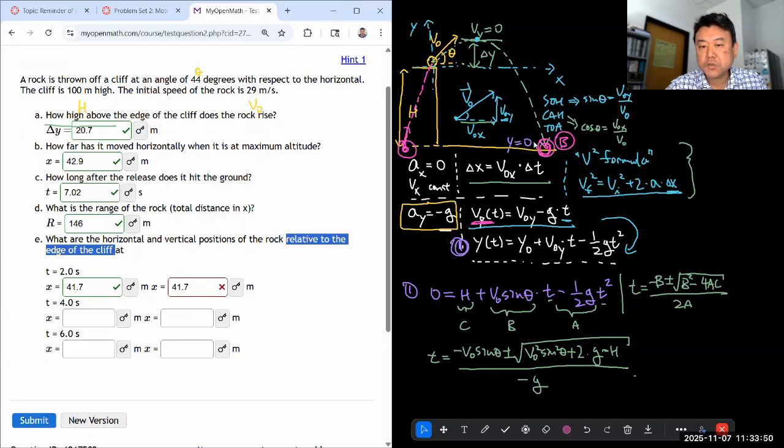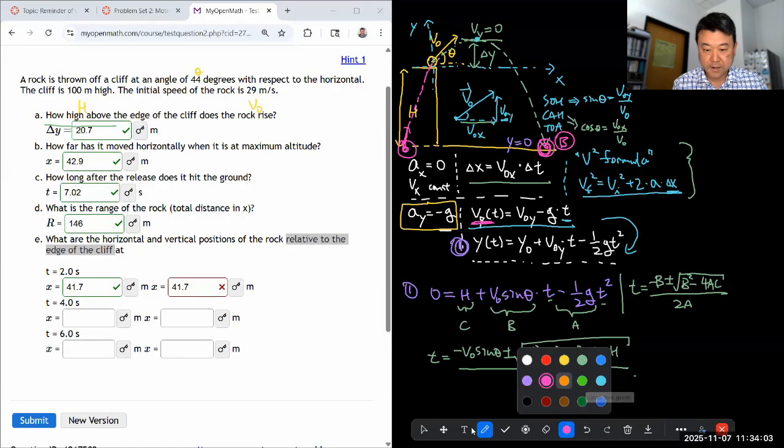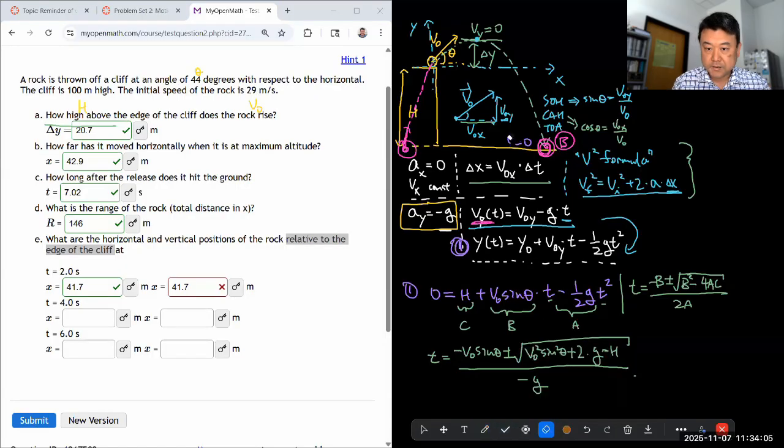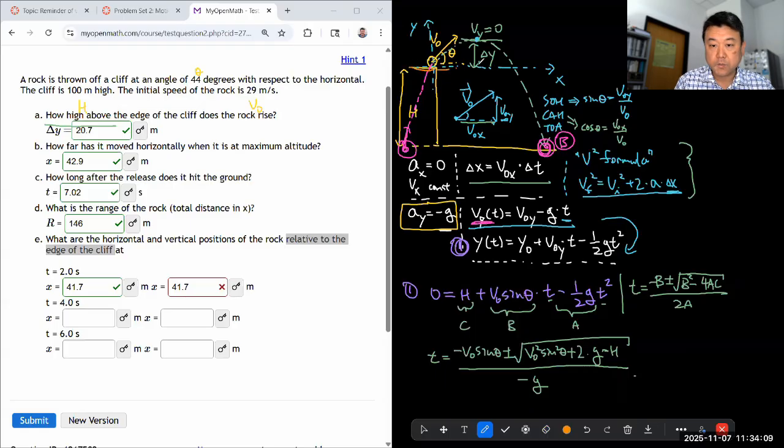So for my y position, with the coordinate system that I set up, I was saying the bottom of the cliff is at y equals 0. For this part of the question, they don't want that. Let me erase this so it doesn't confuse me. For this part E of the question, they actually want the cliff edge to be y equals 0.